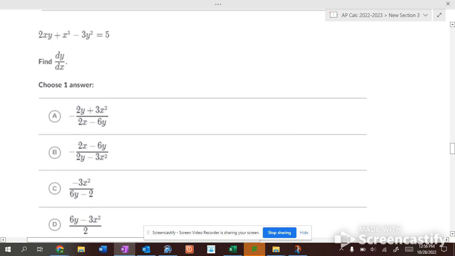Find dy dx. The first term is the what rule? Product rule. So it's 2x dy dx plus 2y plus 3x squared minus 6y dy dx equals 0. Everybody good with that?